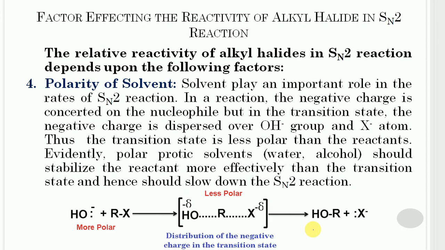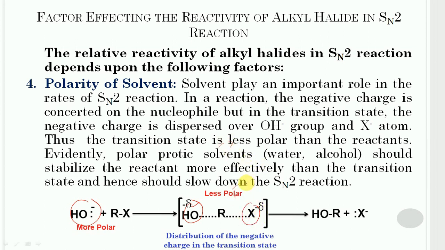The next one is the polarity of the solvent. Solvent plays an important role in the rate of SN2 reaction. In the reactant, the negative charge is concentrated on the nucleophile. But in the transition state, the negative charge is dispersed over the OH group and the OH minus group.